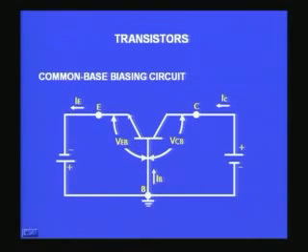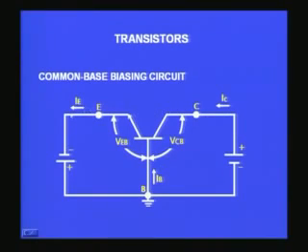Therefore one lead will have to be used common to both the input and the output. So if I use the base region as the common, as in this diagram, this becomes a common base amplifier. You have the emitter here, you have the collector here. In this case IE is equal to IC plus IB.